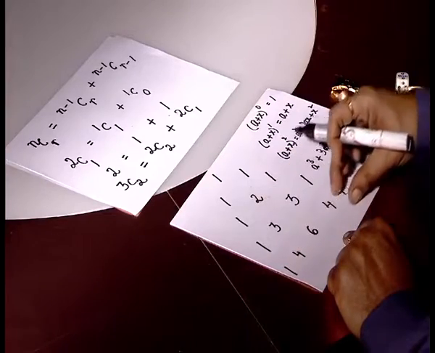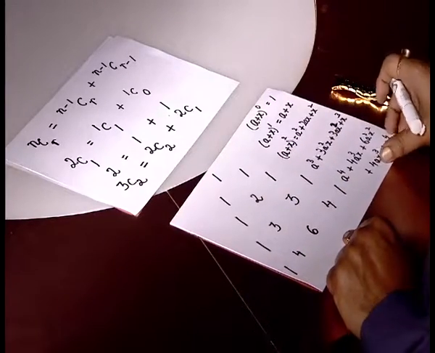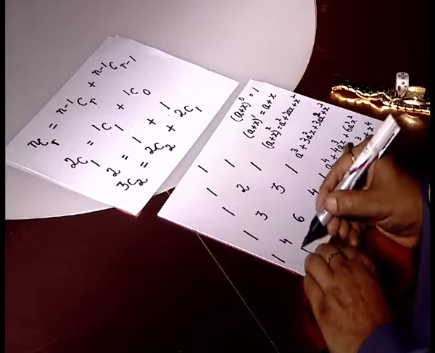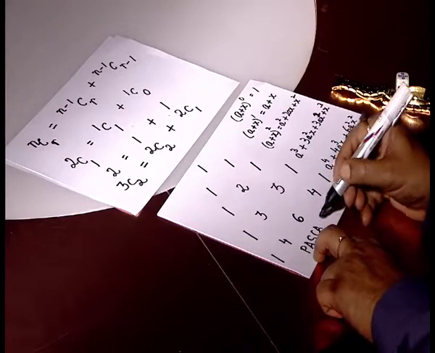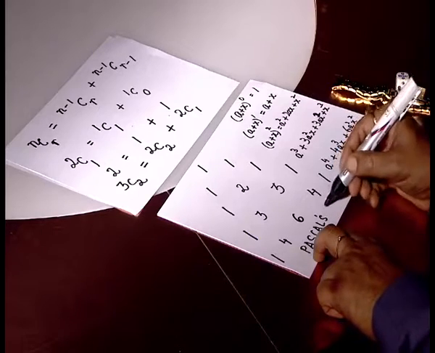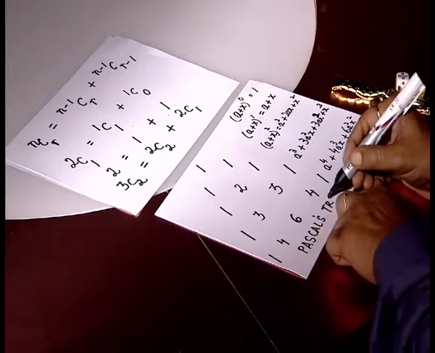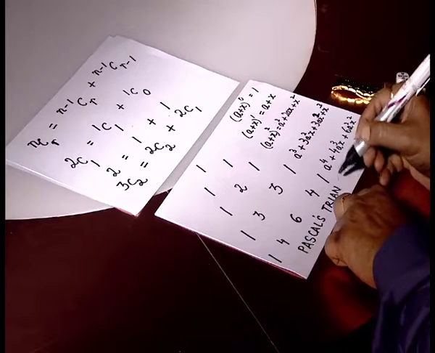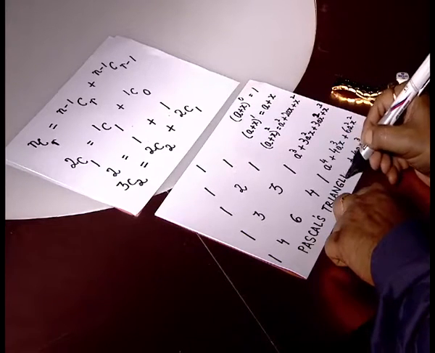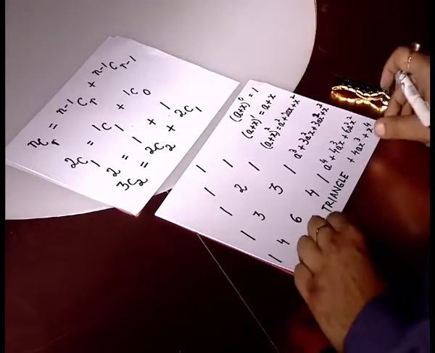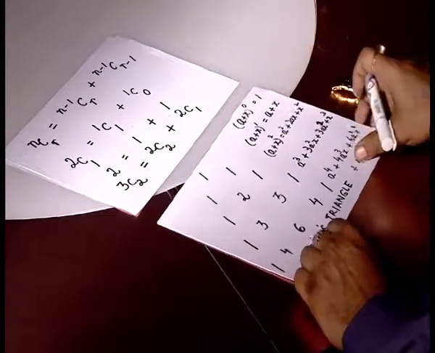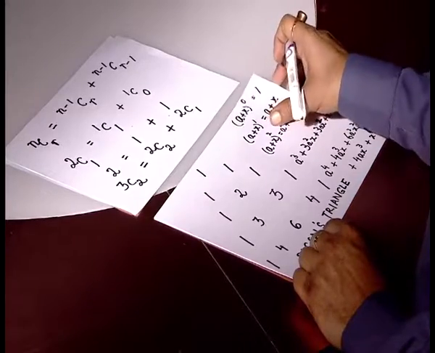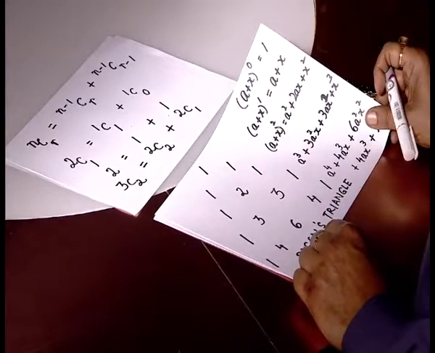So, that is how the triangle grows and this is called the Pascal's triangle. In fact, the entire binomial coefficients can be obtained from this very triangle called Pascal's triangle. So, this is a very convenient way to present the binomial theorem, and by following this you can derive the general form for a plus x whole to the power of n.